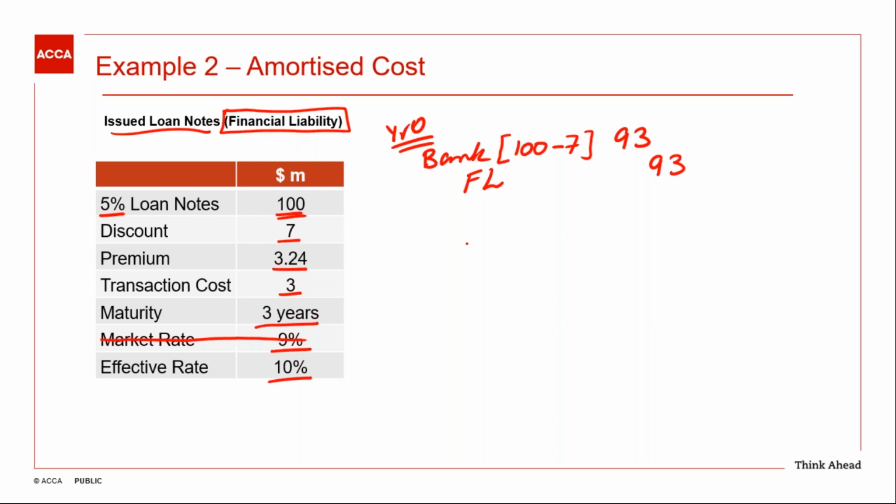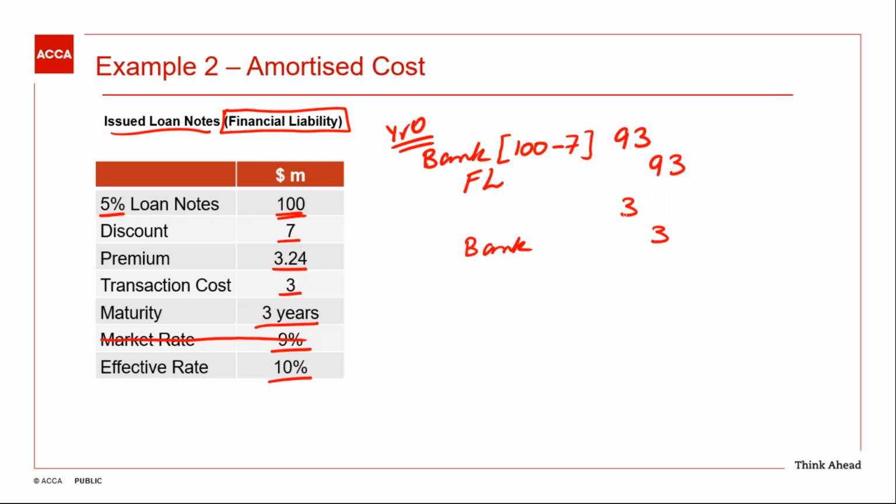But on the same date in year 0, we have even paid the transaction cost of $3 million. So what should be the treatment of 3 million? Should we debit the financial liability or should we debit the P&L? Should we capitalize in the financial liability or should we record it in the P&L?